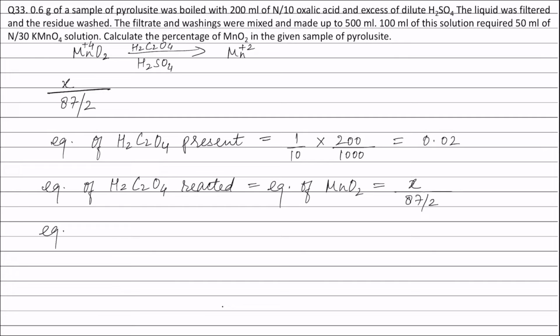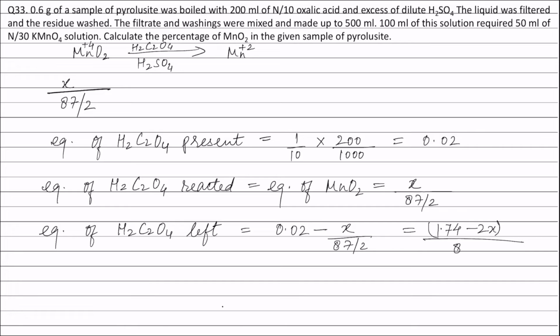Therefore, equivalence of oxalic acid left is equal to equivalence of oxalic acid present, that is 0.02 equivalents, minus equivalence of oxalic acid reacted, that is x divided by 87/2, and this is equal to (1.74 minus 2x) divided by 87.